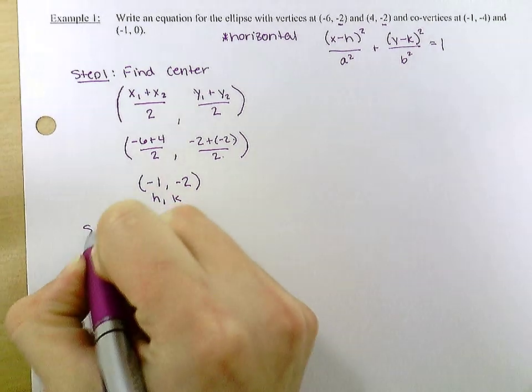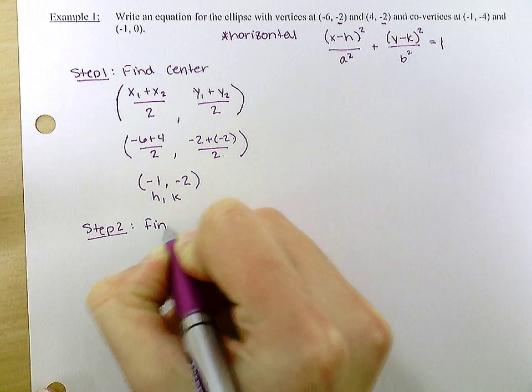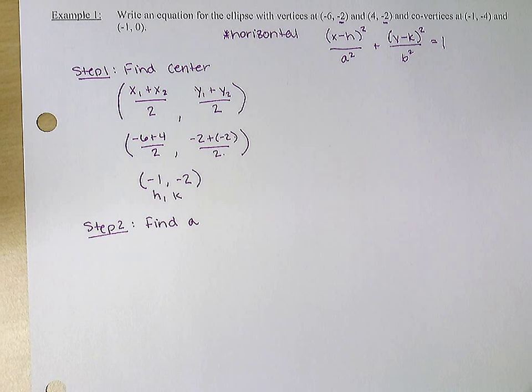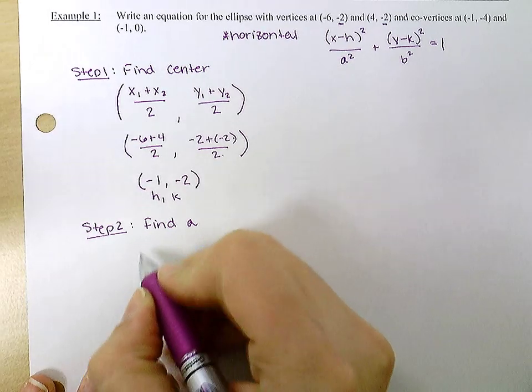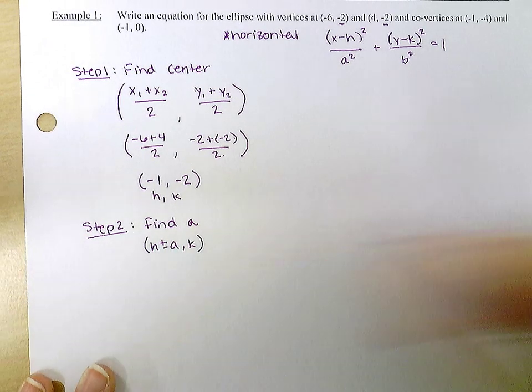So step 2 is to find a. There are two different ways you can do this. You can use a vertex, or you could find your major axis. Using a vertex, since we are a horizontal ellipse, your vertices are at (h plus or minus a, k).